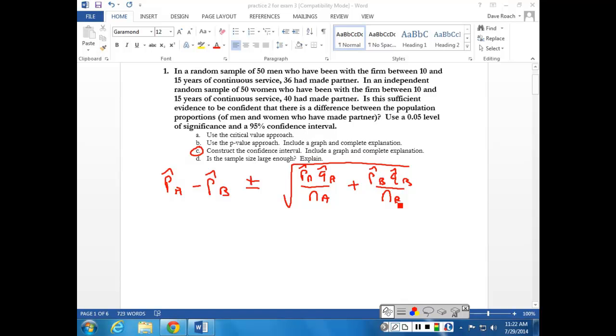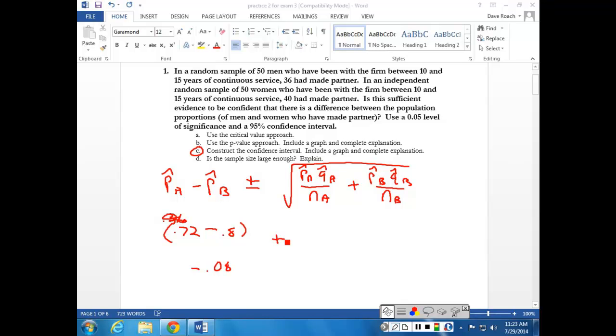Well, in our first group we had 0.72. That was the 36 out of 50. Minus 0.8, that was the 40 out of 50. I'm going to put here minus 0.08, that's just that number.